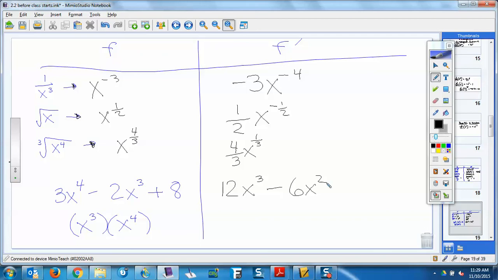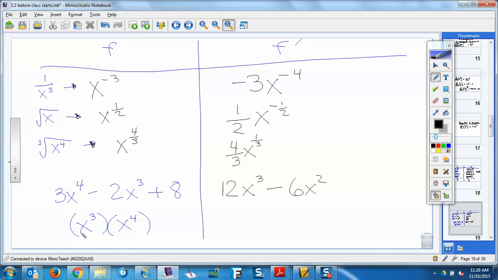Remember when we talked about the f prime graph and then tried to draw the f graph and we said we don't know where it started because all those different f's that are shifted up and down all have the same f prime graph? Well, that's what we're seeing right here. This plus 8 is just like a vertical shift. So if I change this to a bunch of different constants, those are all just vertical shifts of one another. They're all going to have the same slopes. So it makes sense that one derivative could represent multiple different original functions.